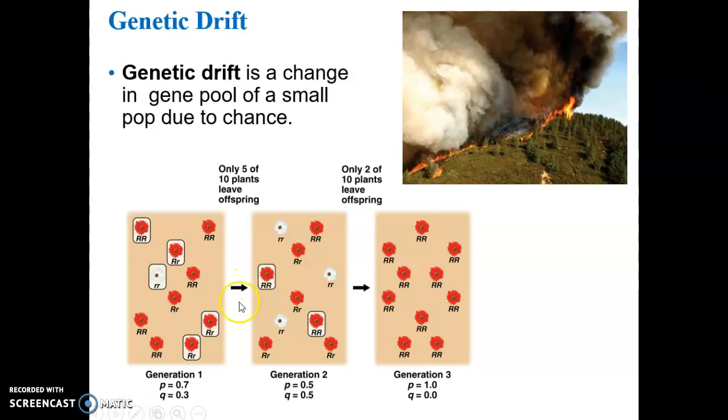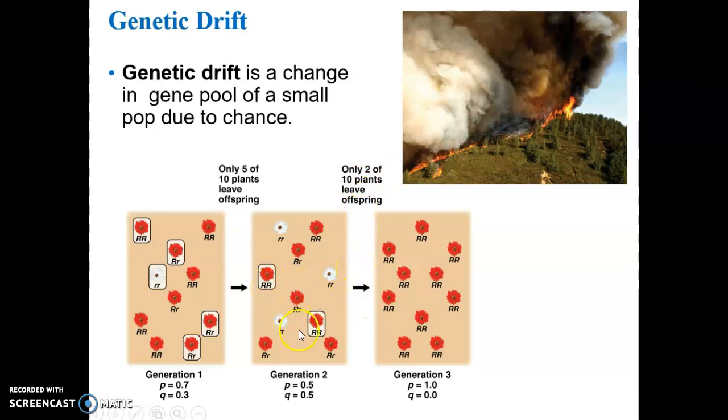And only of those 50%, if they reproduce, in this case, if it's these individuals, their alleles, indicated by the dominant and recessive alleles here, are going to become more common in a population. And let's say there's another fire or an avalanche or a severe rainstorm or a severe freeze that wipes out even more. Only 2 of the 10 plants survive.